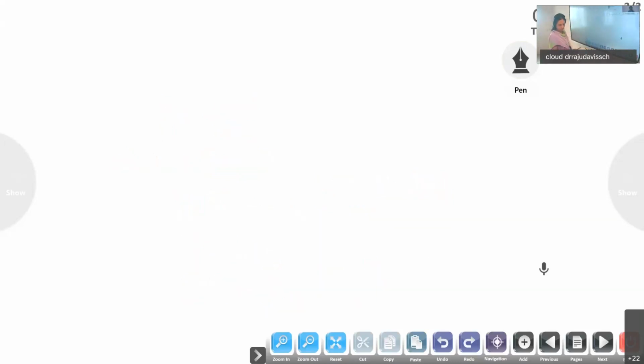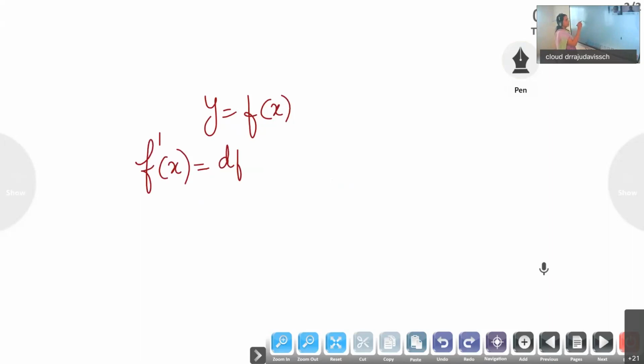Other notations. What are the other notations we use for representing the derivative? Suppose y is f of x. Then we can denote the derivative as f dash of x, or as df by dx, which is the same as dy by dx, the derivative of f of x with respect to x.